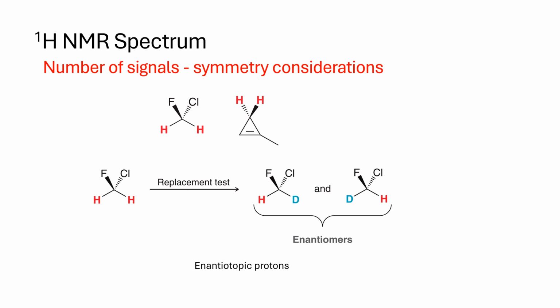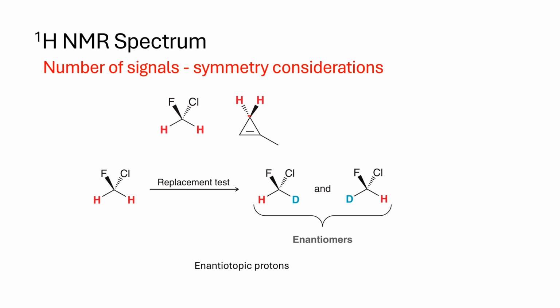Now, symmetry is important. Here you have two H's. And of course, that's not a chiral center, but if I change one of the H's by a deuterium, you have a pair of enantiomers replacing one or the other. Now, same case here, that's not a chiral center. This is the same molecule.